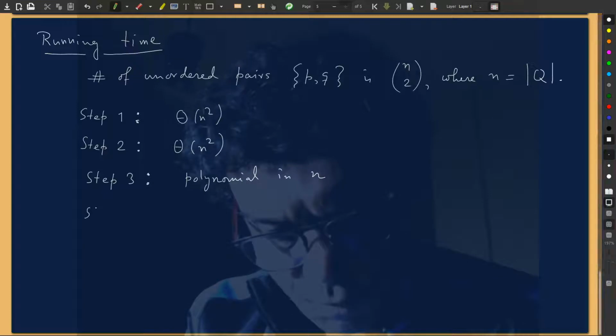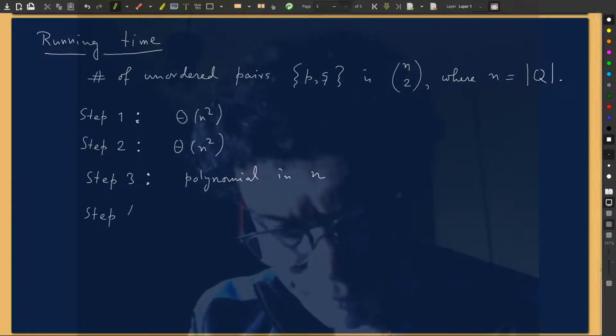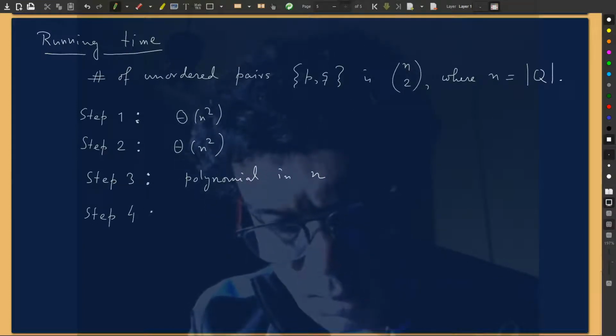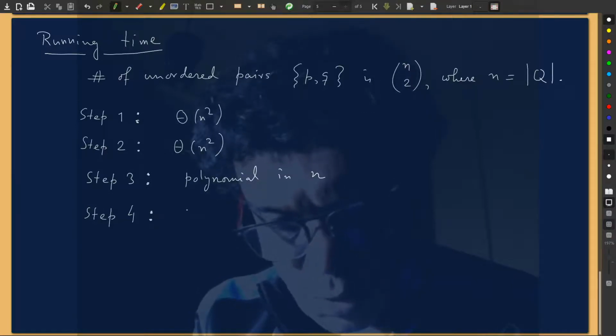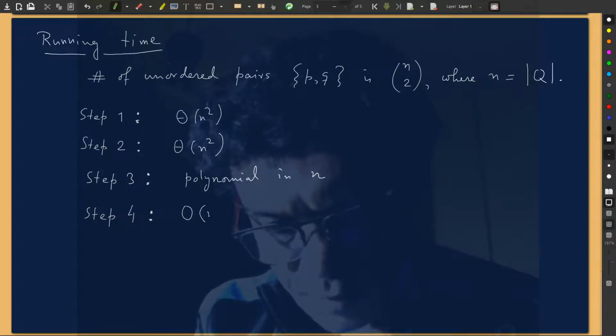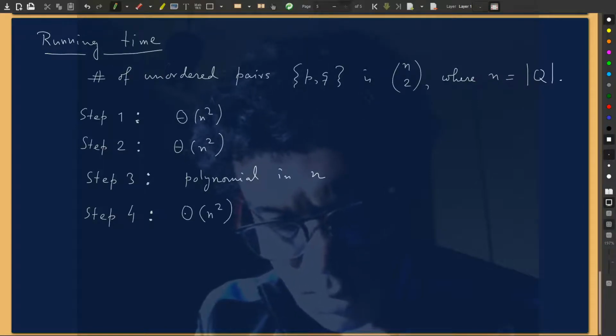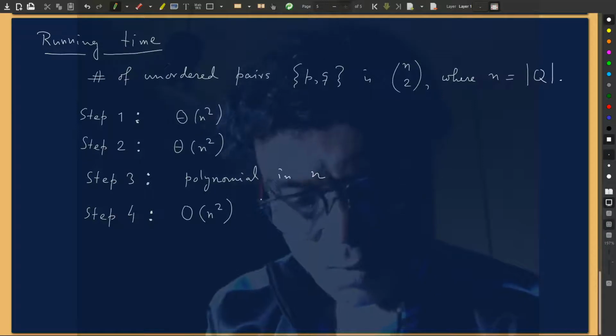And step 4, which means you eventually identify. So once again you have to take a look at all the elements of that table. So this can also be done in big O of n squared time. Okay, big O or big theta, whatever.